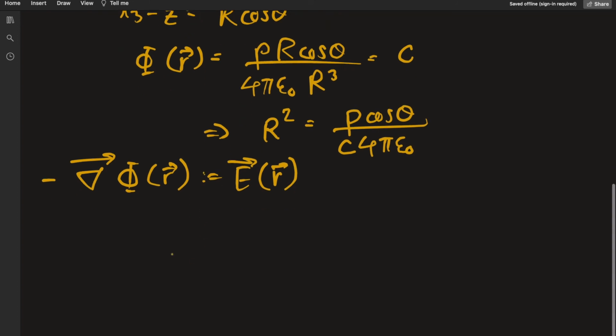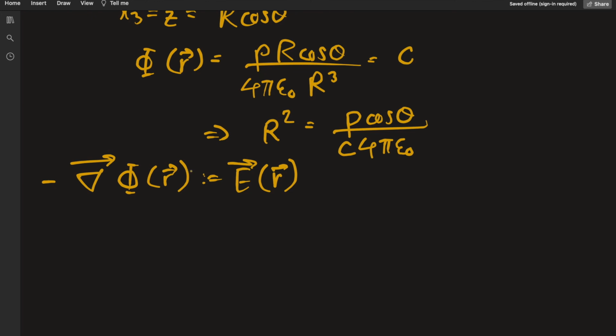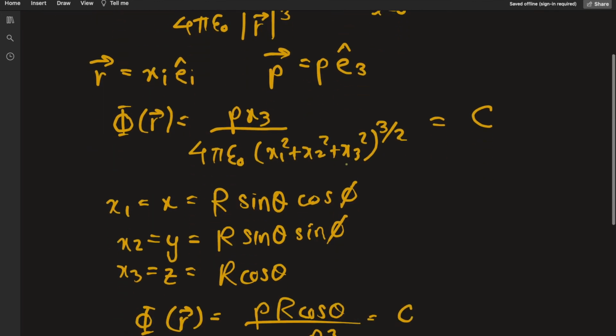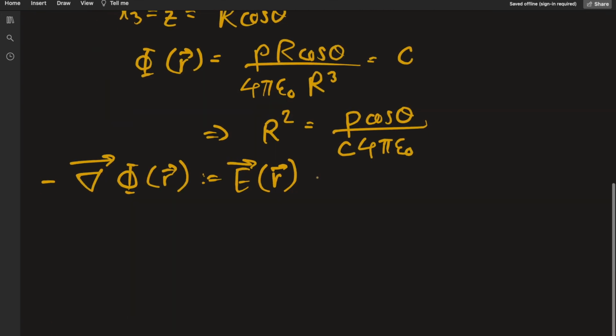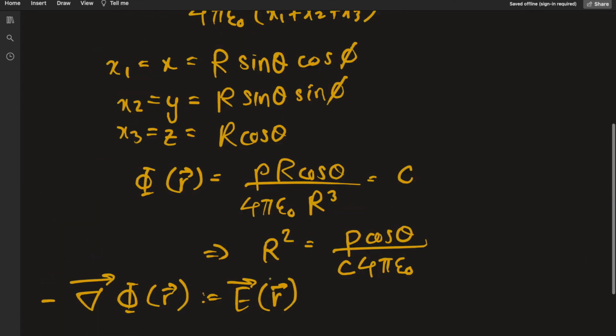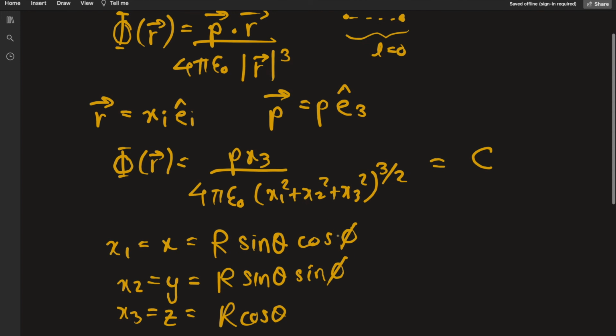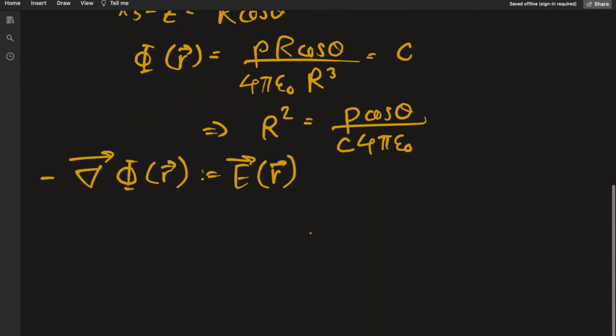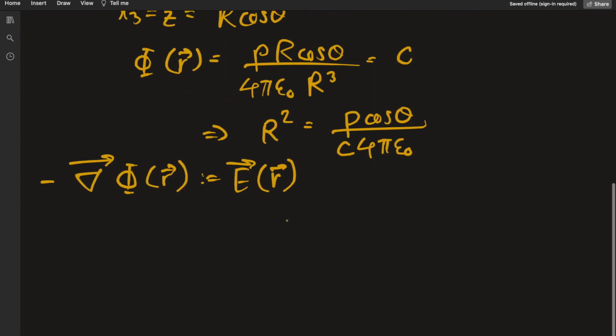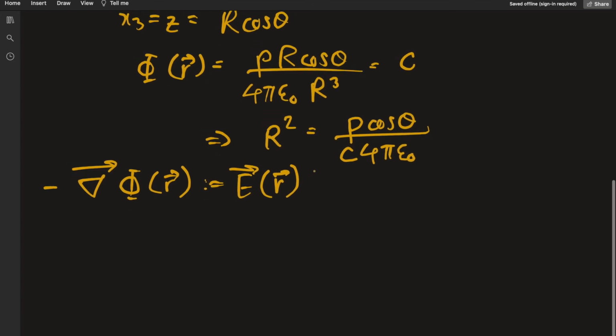It's just the definition. Now, the way to calculate the gradient of this crazy function in Cartesian is really hard, and if you convert whatever you get as the electric field from Cartesian to polar or spherical, it's going to look bad.